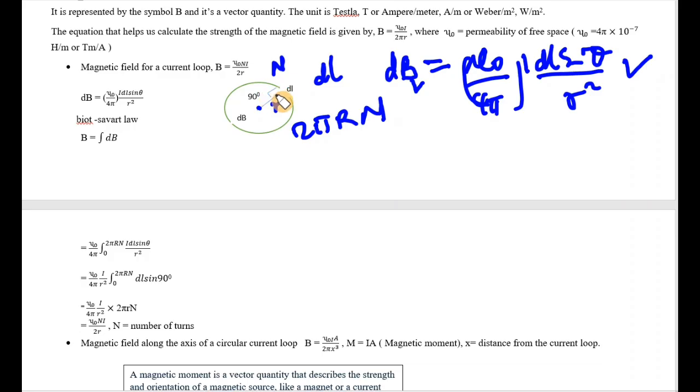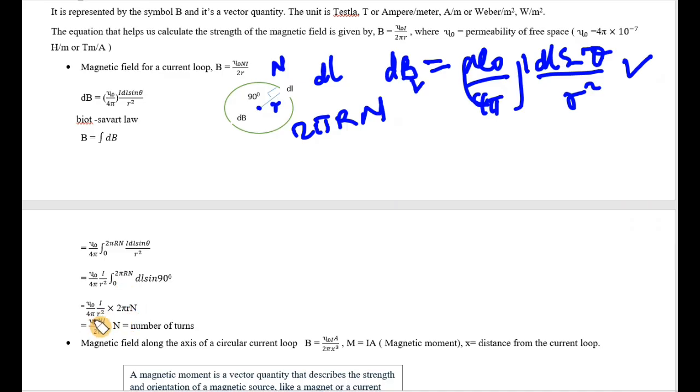Then sine 90, which is the angle this is inclined with this radius, is 1. So if sine 90 is 1, the integral of dL will give us L. Taking note of the upper limit of integration, this gives us this, because this will be 0.